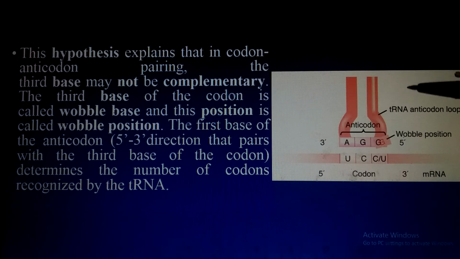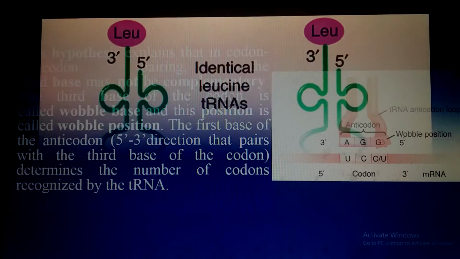So position 1 of the anticodon is not complementary to position 3 of the codon. Is it clear? This position does not follow the standard base pairing, and this is actually the Wobble hypothesis, and the position is known as the Wobble position. The concept clear now? Okay.